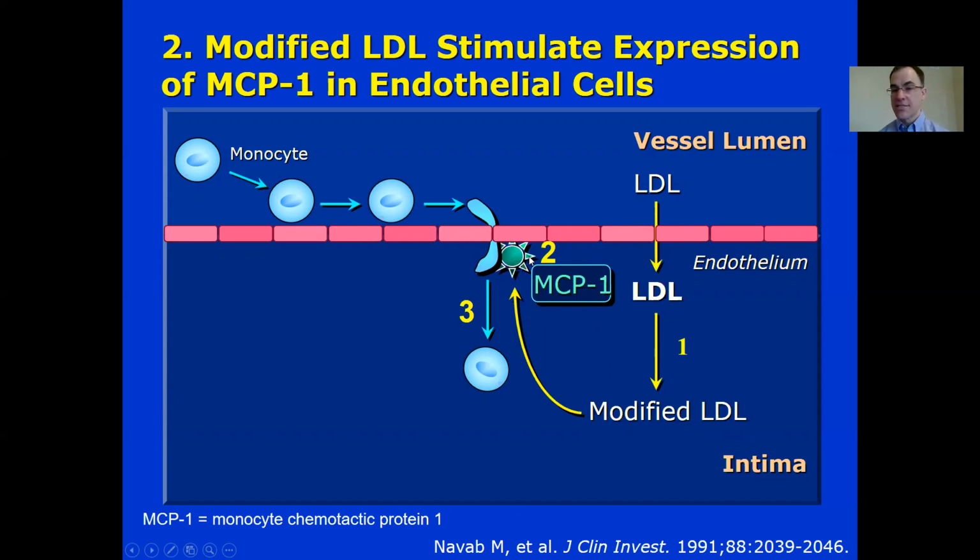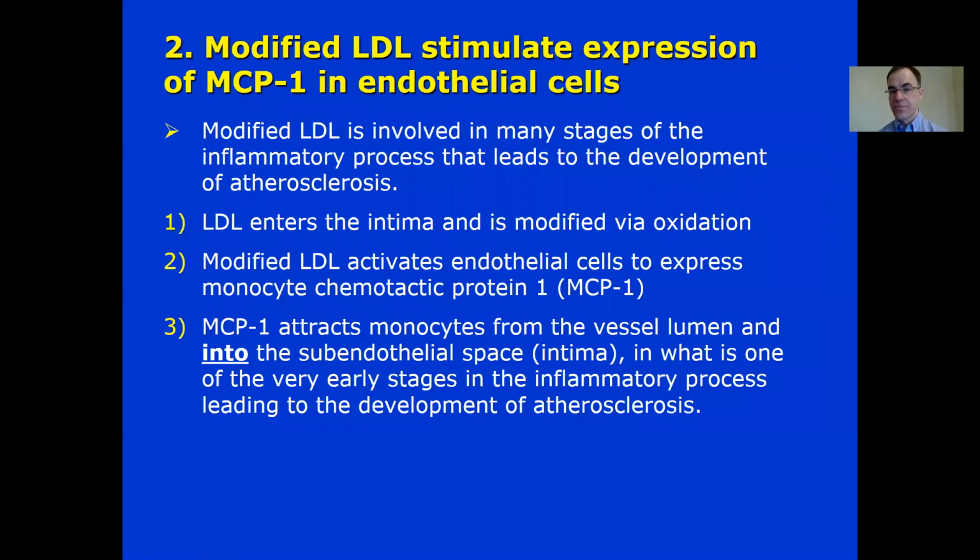So it does. And when it does, that MCP1 will attract the monocyte into the coronary artery intima, which we saw in the previous pathway. So now the monocyte is in the coronary artery intima. And again, this is just the step-by-step of what we just talked about.